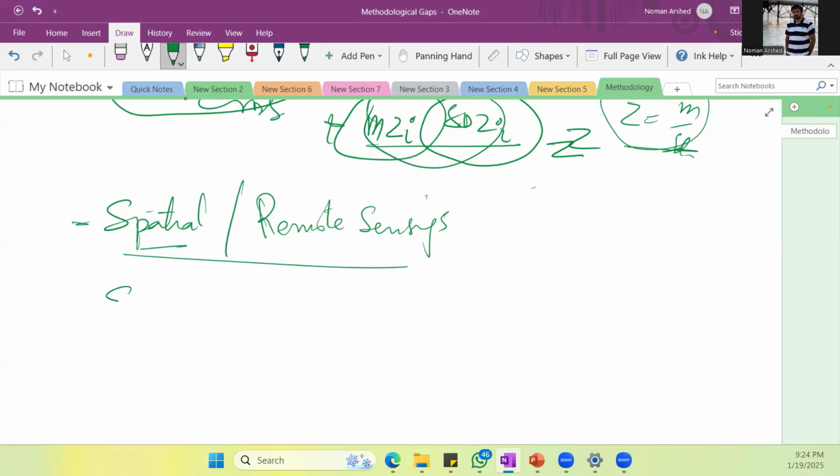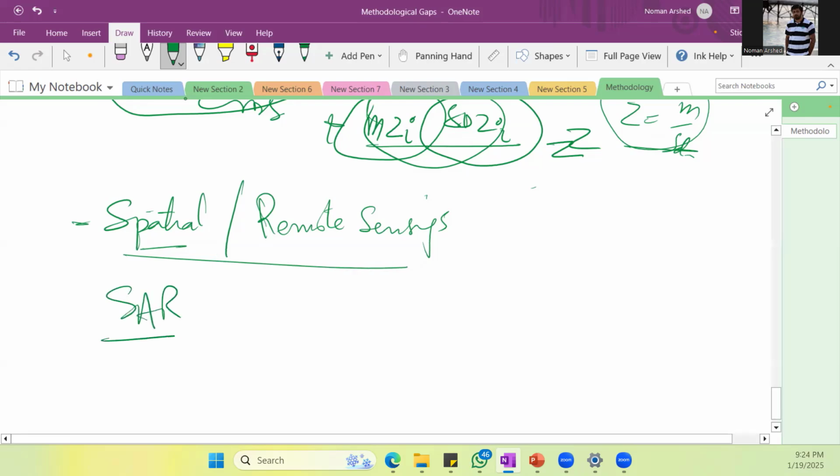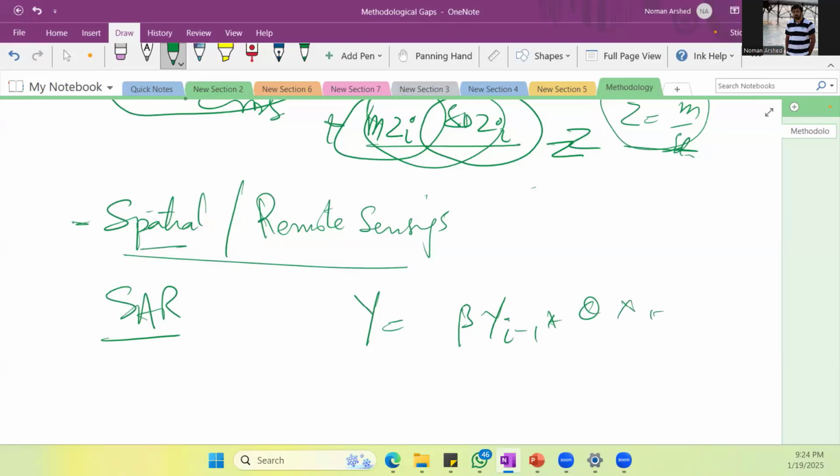The most common model is SAR, spatial autoregressive model, in which the independent variable is the effect of neighboring countries' dependent variable on the current variable. So y will be equal to beta y_{i-1}, plus theta x plus error term.